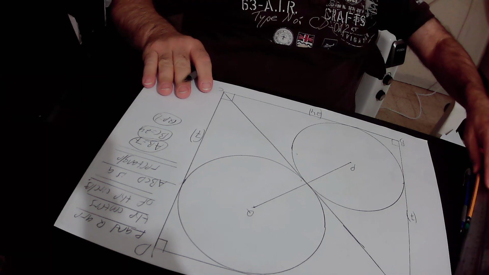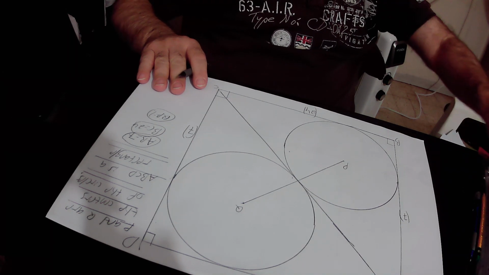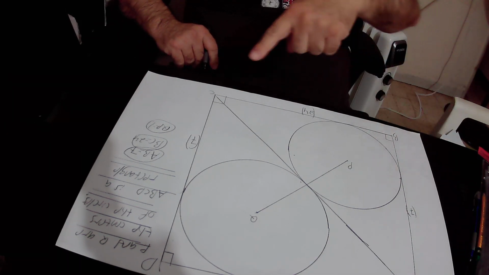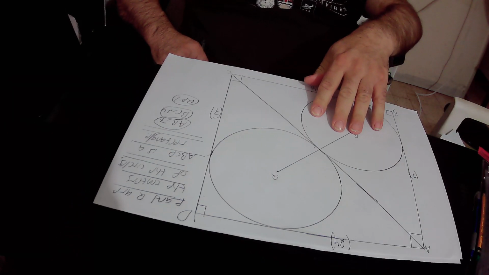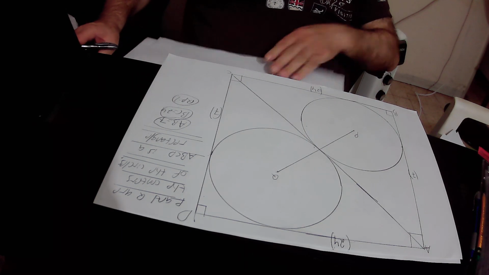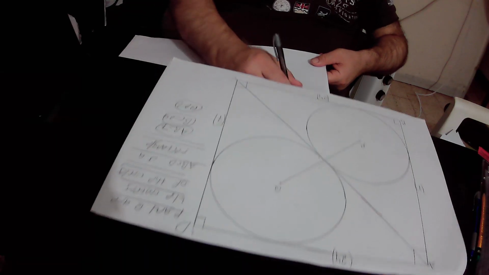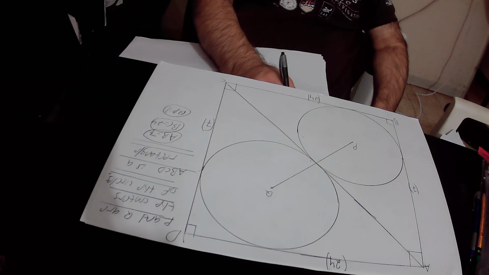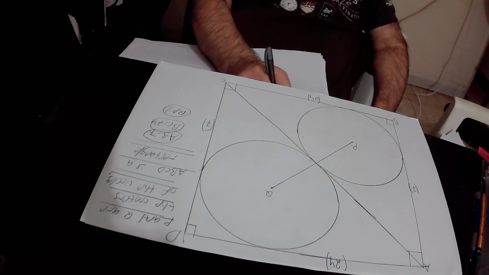In the next step, we'll implement the Pythagoras theorem on the right triangle ABC. Okay? So in the right triangle ABC, by PT, the abbreviation for Pythagoras theorem.